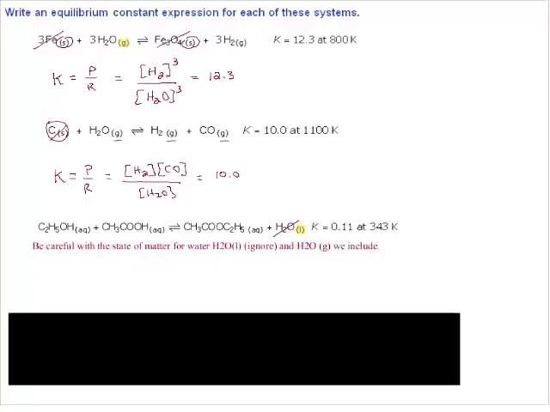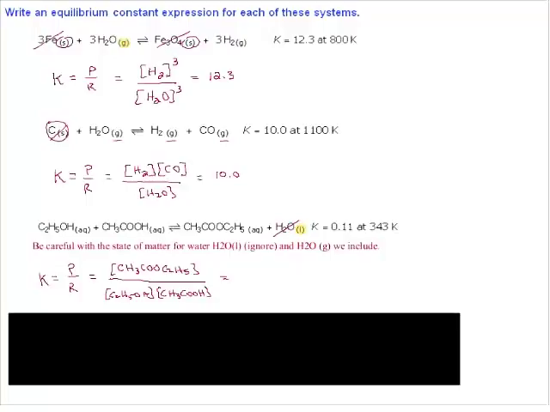The equilibrium expression, again, is K equals products over reactants. So in this case, it's going to be the products, CH3COOC2H5 to the power 1, divided by C2H5OH to the power 1 times the concentration of acetic acid, CH3COOH, to the power 1.